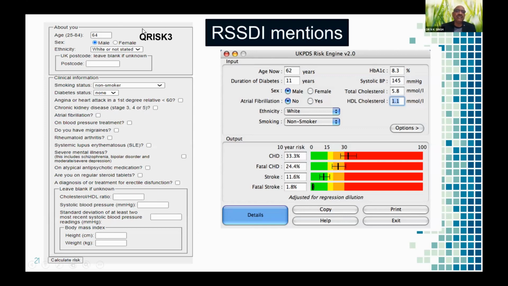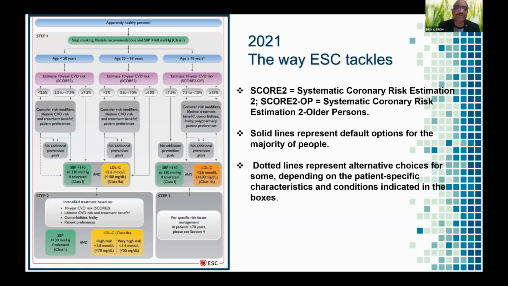You go online, type QRISK3, and you will get this. There are a few questions, and they will ask about age, sex, other things, and you can very easily calculate the risk.